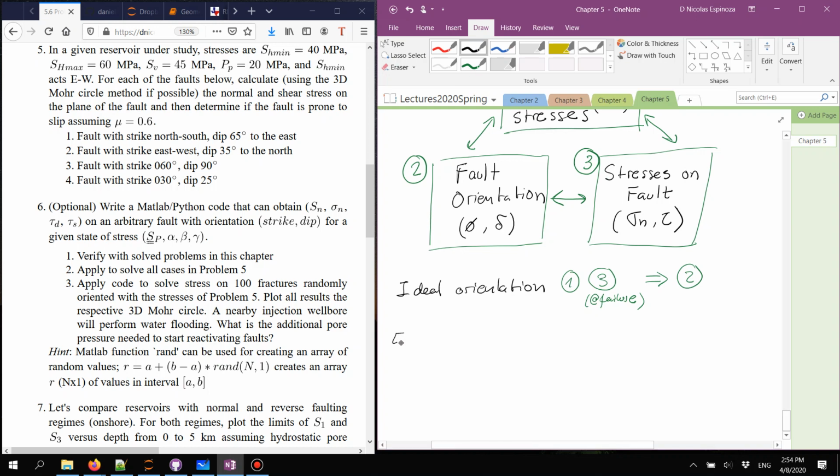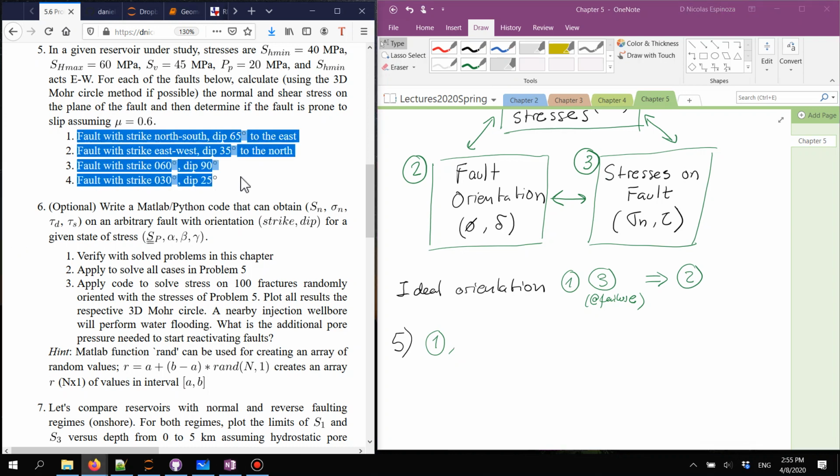In problem number 5, what you know is the state of stress, so that will be component number 1. You know the orientation of the faults, which are given here from 1 to 4. So you know number 2. These two are known.